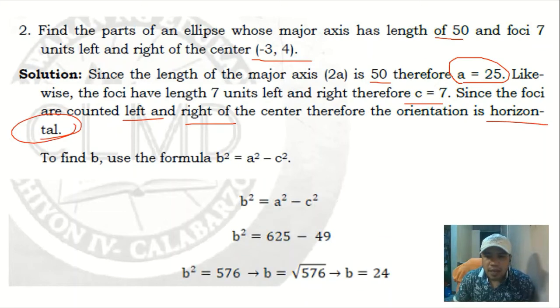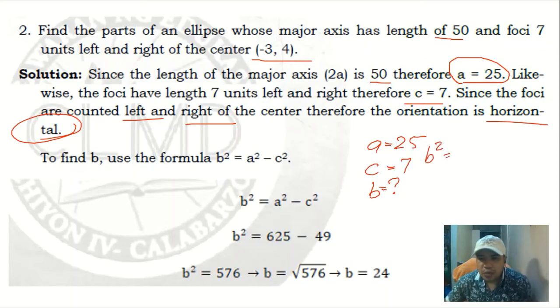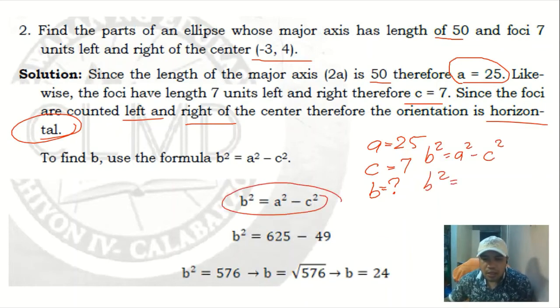So, we already have A is equals to 25. C is equals to 7. So, B is what? So, mula dito, B squared is equals to A squared minus C squared. So, B squared is equals to 625 for 25 squared and 49 for 7 squared.